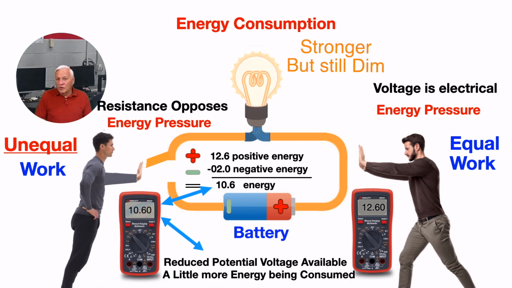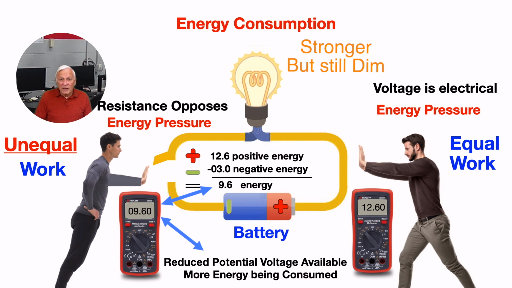Then, as the opposing energy increased more, but still not equal to the positive energy pressure, it would still not be equal. Unequal potential difference, and it would register as perhaps 10.6 volts potential difference energy pressure. 10.6 volts of unconsumed energy, and that's why the bulb is dim.